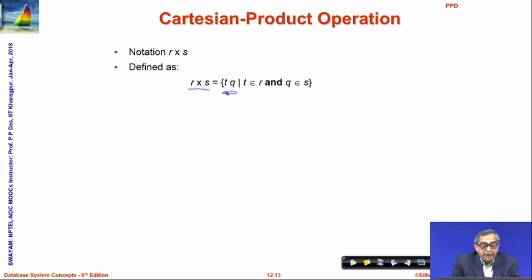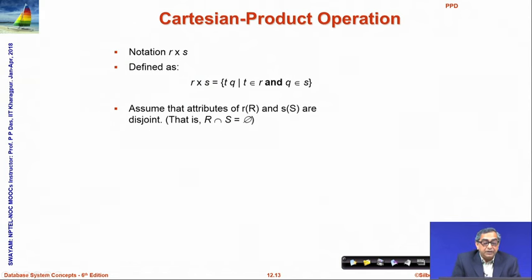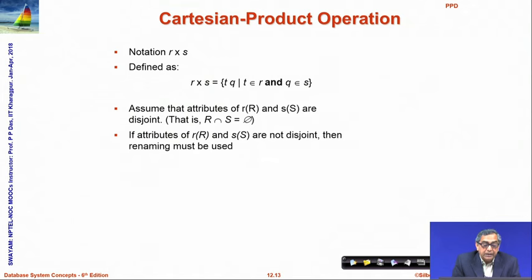So, t is a tuple from R, q is a tuple from S, and we put them side by side to get a tq row in the Cartesian product R cross S, which basically means that you compute all possible combinations of tuples from R and S. It is assumed that the attributes of R and S are disjoint, that is, the schema of R intersection schema of S is null.